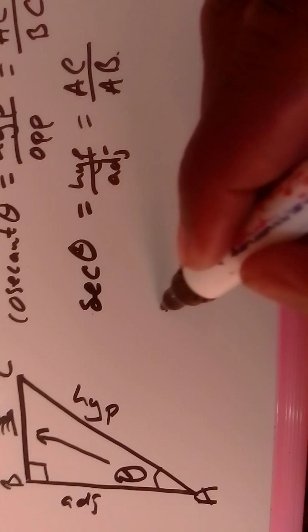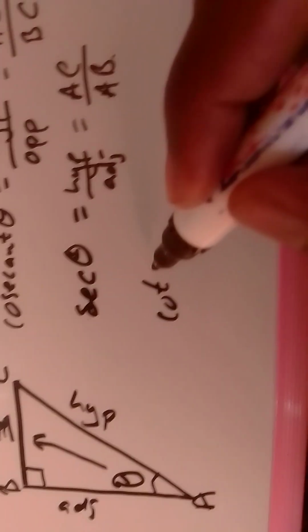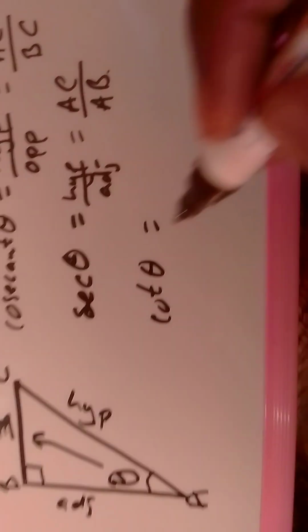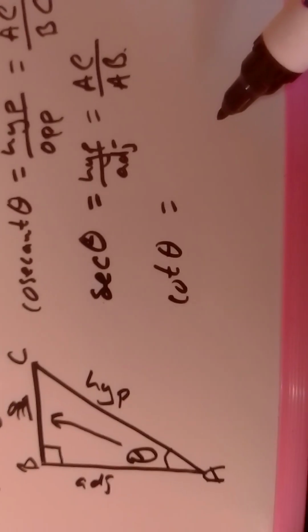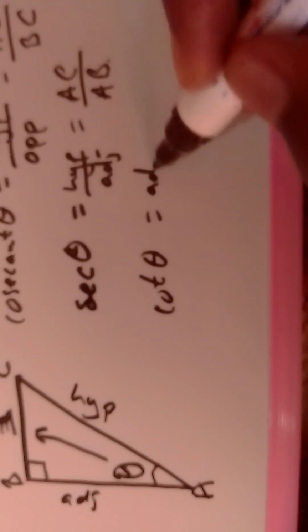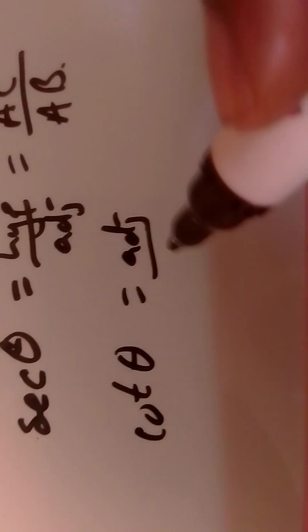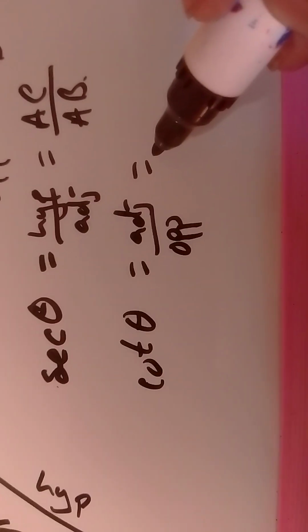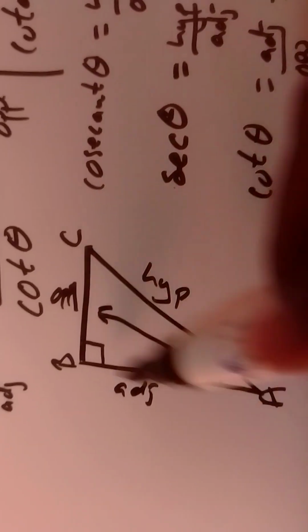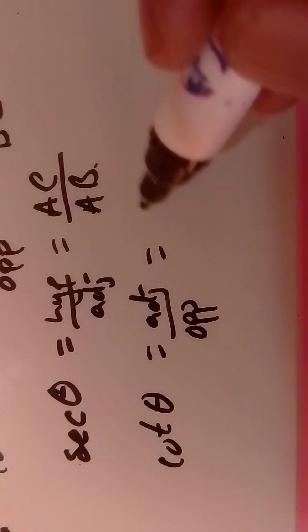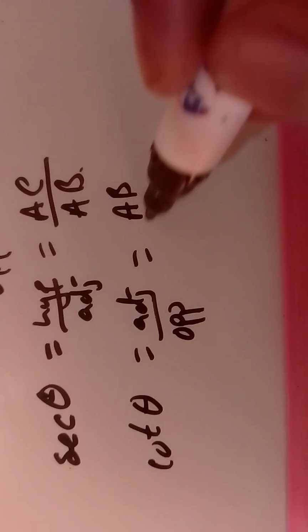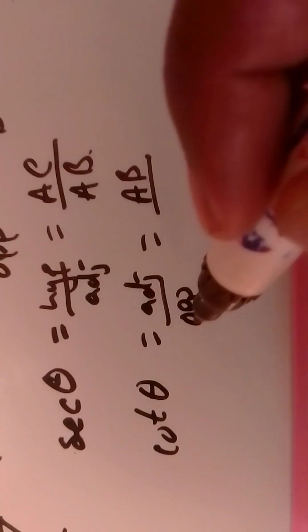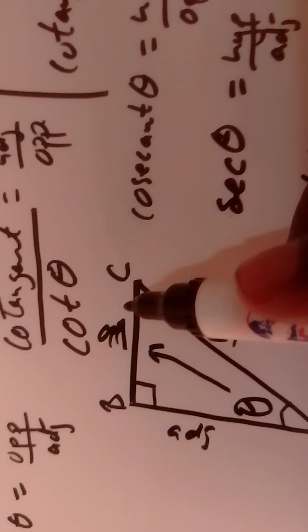Then cotangent theta is equal to, remember, adjacent over opposite, which is line AB all over the opposite, which is line BC.